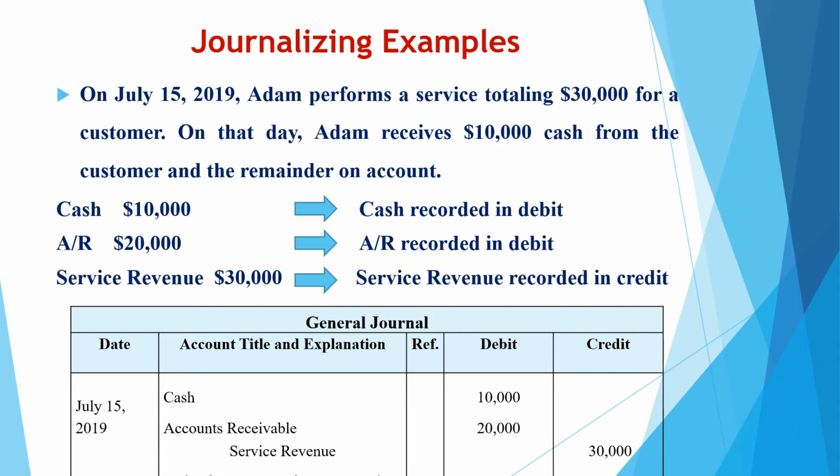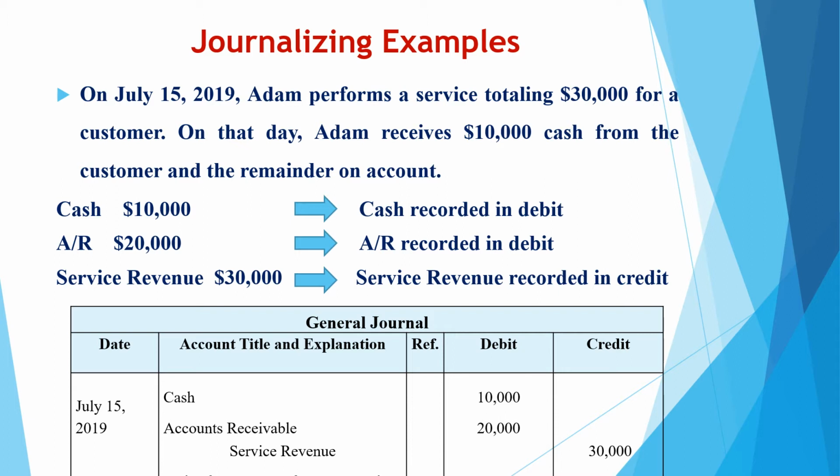Adam receives $10,000 cash from the customer and the remainder on account. Since we received $10,000 cash, the cash account should increase by $10,000. And regarding the remainder, which is $20,000 here, since the total revenue is 30, we received 10, so the remainder is 20.